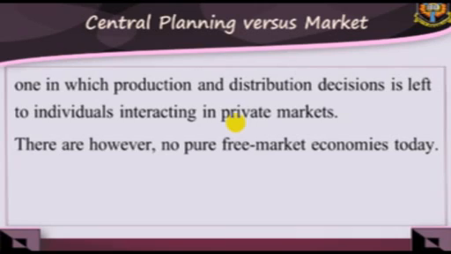There are, however, no pure free market economies today. Modern industrial countries are more properly described as mixed economies, meaning that goods and services are allocated by a combination of free markets, regulations, and other forms of collective control.